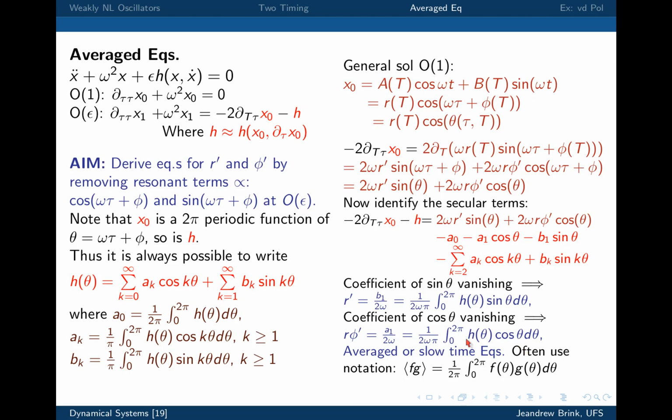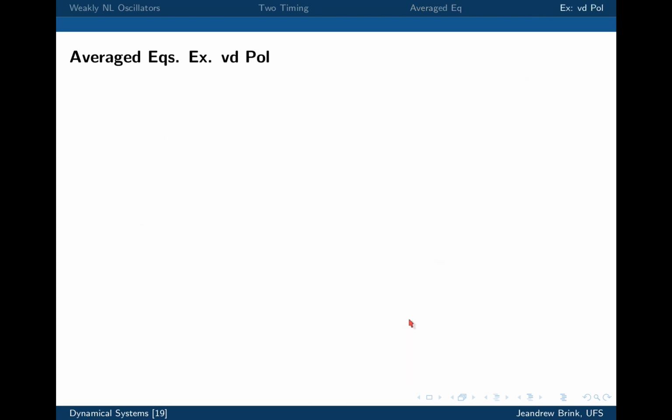And now we simply want to see how they work, and we're going to look at the van der Pol equation as an example. So there we have our van der Pol equation, and it has omega equals 1, and this is h now. Okay, and now we have our initial conditions of x(0) equals 1 and x dot equals 0.